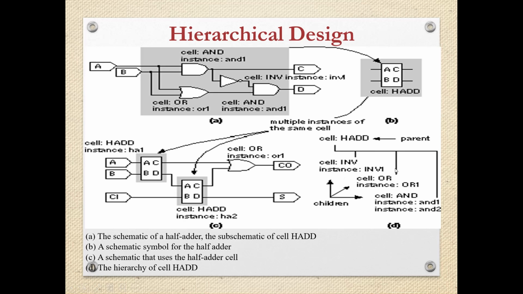So these are the children which are shown. The first child is INV, that is inverter. Then the second child is the OR gate, that is OR1, because only one OR gate is required in the circuit, and the third child is AND, the cell name is AND, and there are two instances, AND1 and AND2, because there are two AND gates.